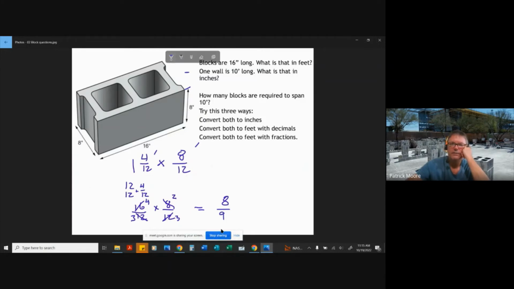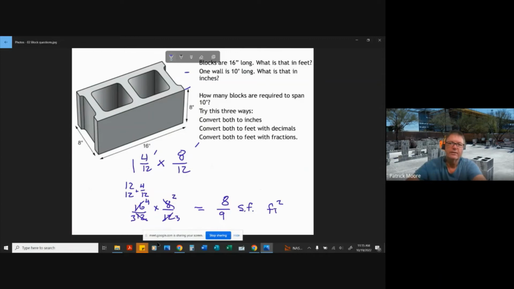So the area right here is the very elegant 8/9 of a square foot. SF for square feet, or you could also say feet squared. So there are two ways to say your area.